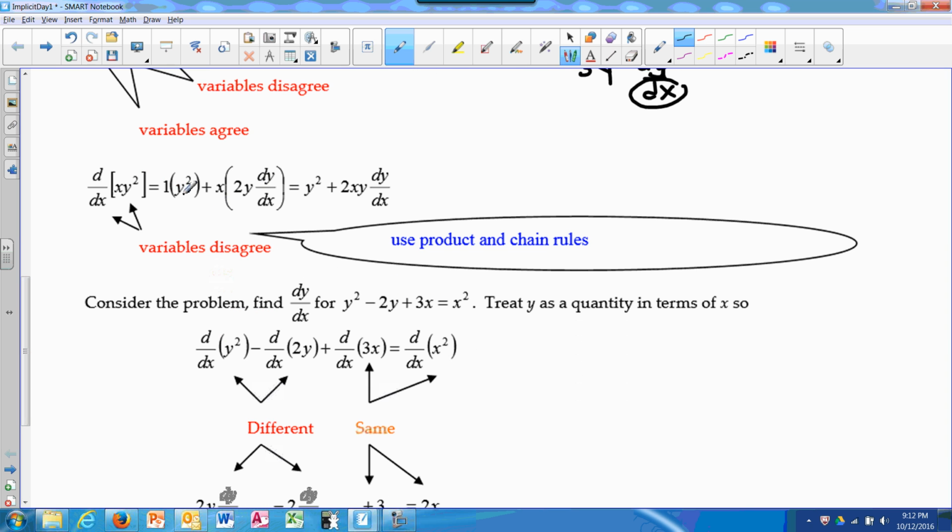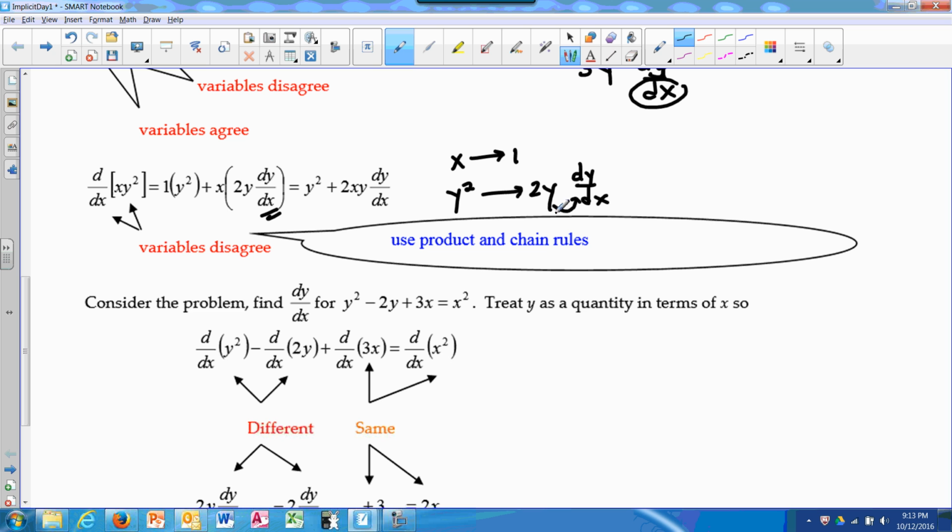Here we're doing the product rule, so we have x times y squared. The derivative of x in terms of x is just 1. The derivative of y squared in terms of x, the 2 comes down, y reduces to the first power, but then we have the chain rule involved, and dy dx is not equal to 1.